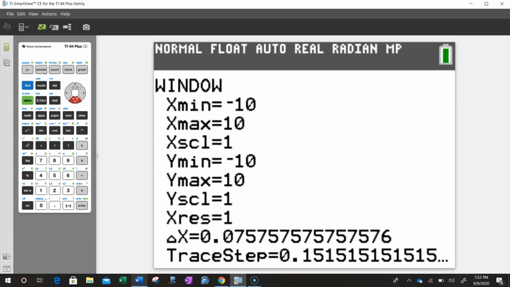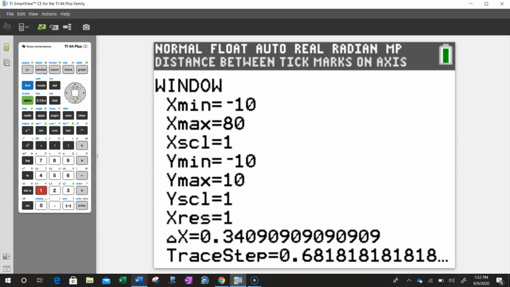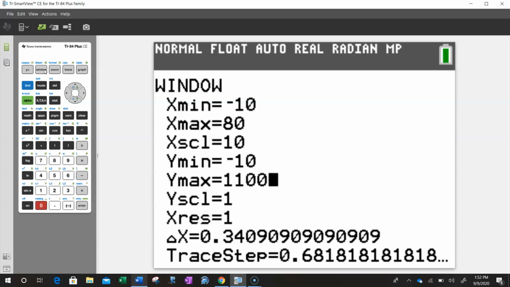Well, I want my X max to be past 60-ish. So maybe I make my X max around, I don't know, 70 or 80. There's not a magic number, but you definitely want a little buffer on there. And if I do that, I'm going to make the X scale 10. Well, that Y max, I mean, we were getting into the millions there. So I might make mine 1,100,000.